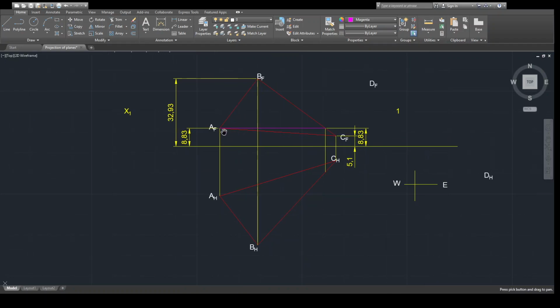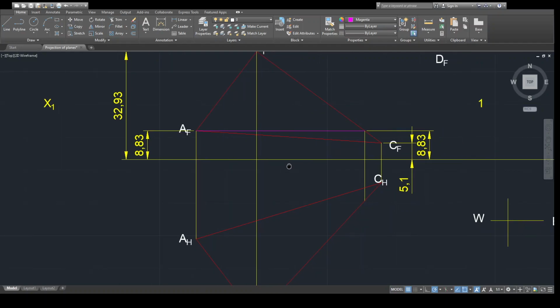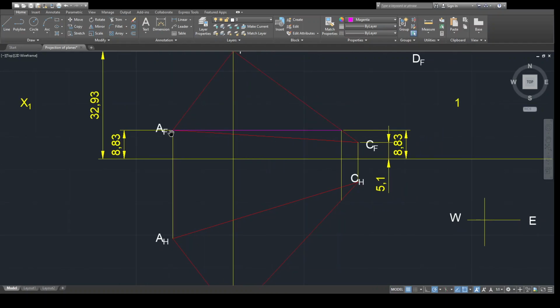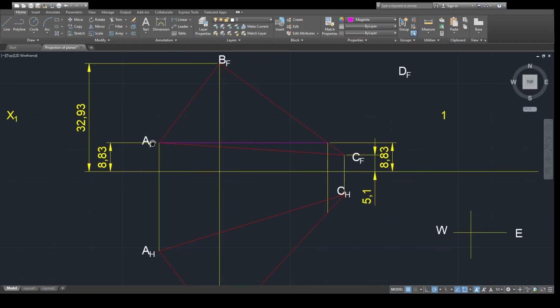Just to repeat what I have done: I drew the horizontal line from point AF up to the edge BC. It cuts here, so let us call this point DF.